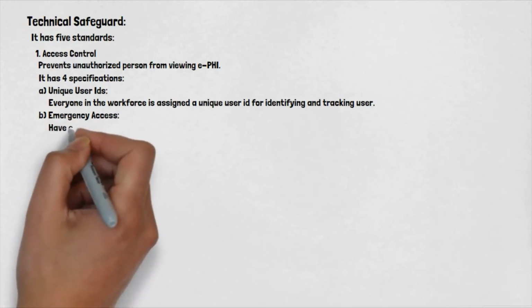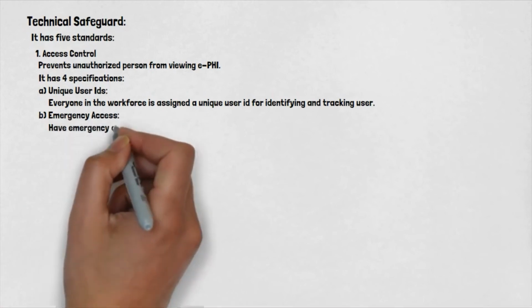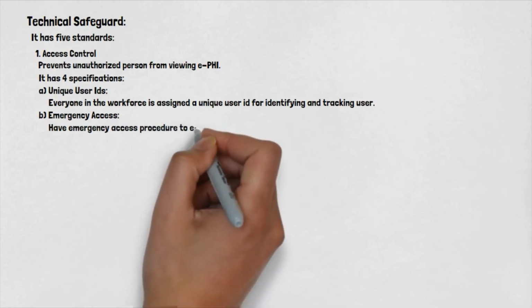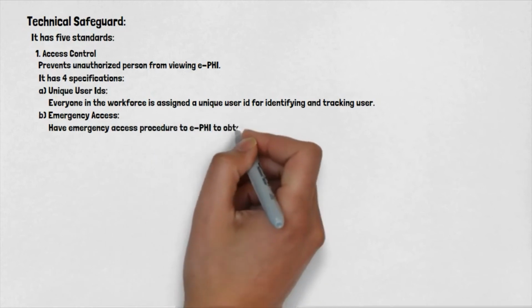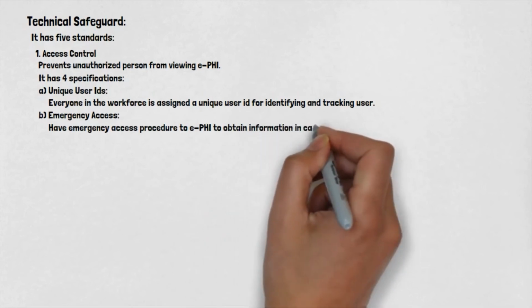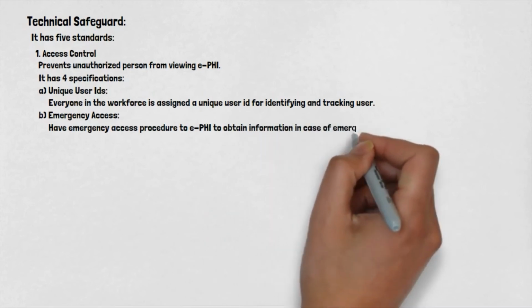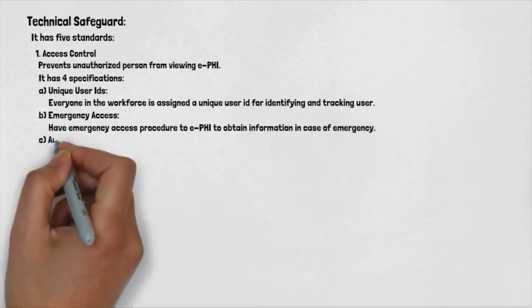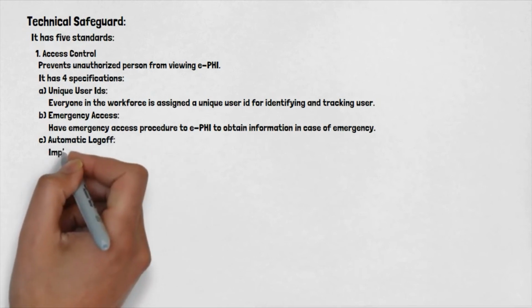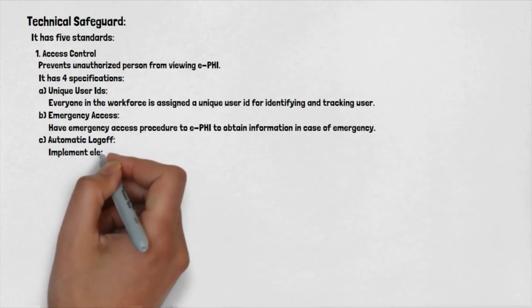The next one is emergency access. Companies should have an emergency access procedure to ePHI to obtain information in case of emergency. And the next one is automatic log off.